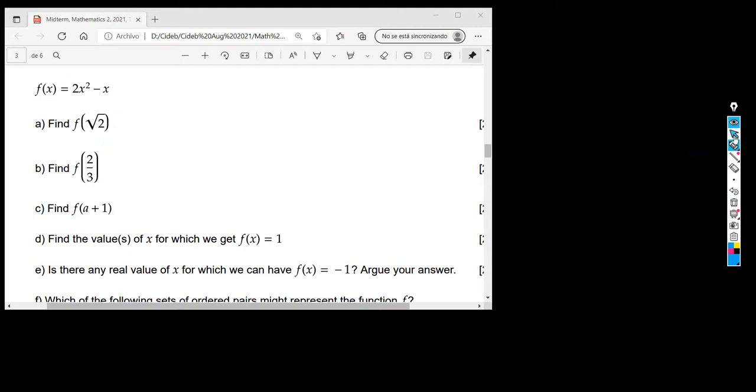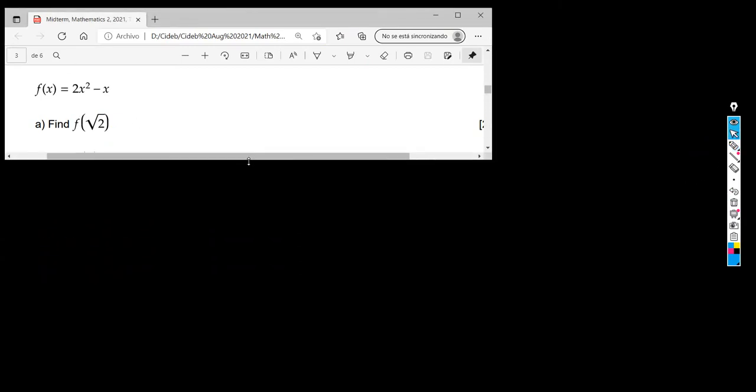So let's see. This is my function, and they want me to find, or to calculate, or to evaluate the function in this particular input, the square root of 2. All I need to do is replace, in this expression, whenever I see the x, I just put this value.